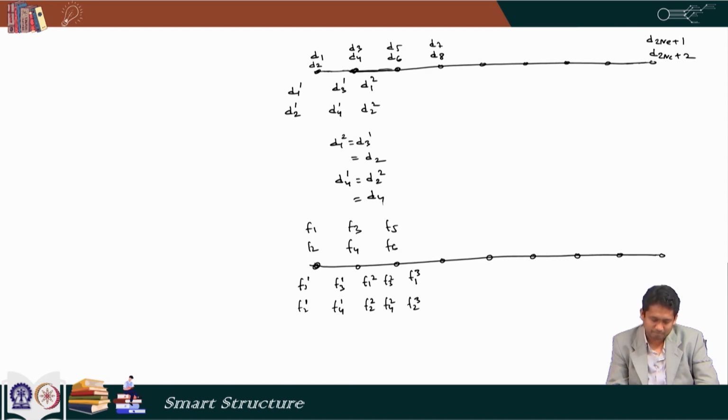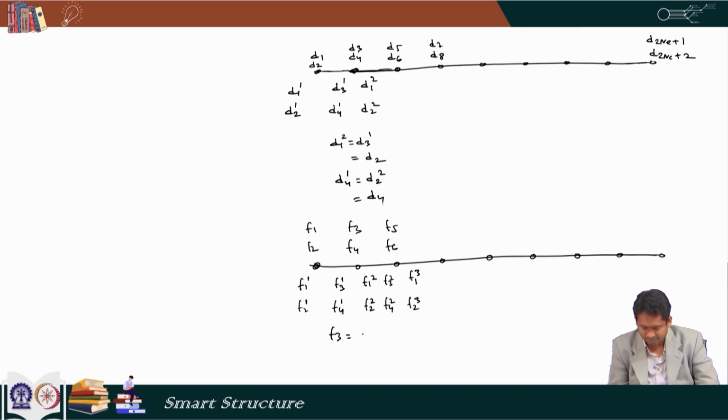Now, F11 is globally F1, F21 is globally F2. However, F3 is globally a combination of F31 plus F12. Similarly, F4 globally is a combination of F41 plus F42. So, here this force that I get from the element number 1 and this force that I get from element number 2, the adjacent element, on being added they give me the force F3.